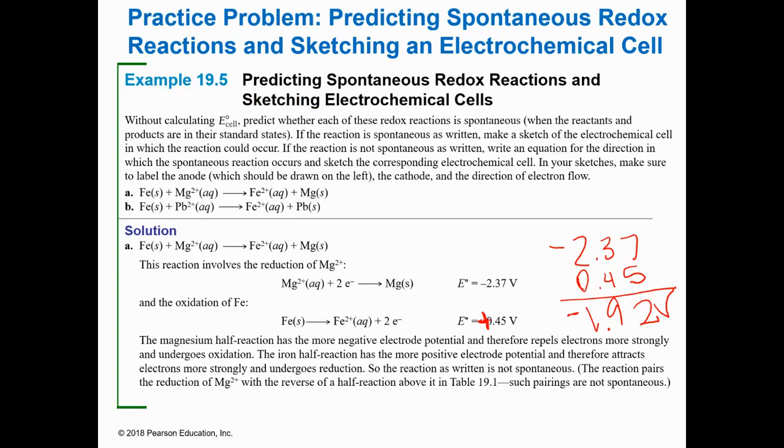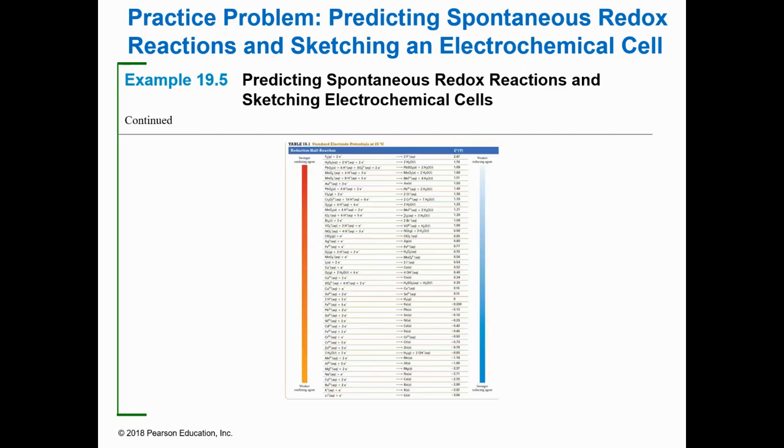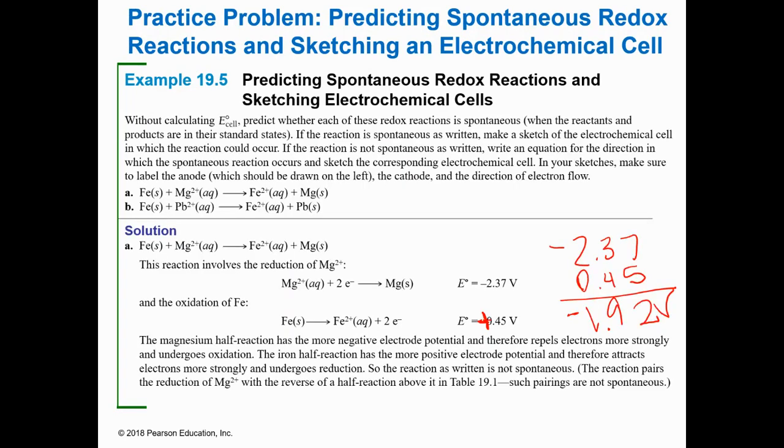And if we were to do iron and lead, and it's the same iron, so it would be positive 0.45. The lead would be negative 0.13, so it'd be negative 0.13 and 0.45. I get 0.32 volts.